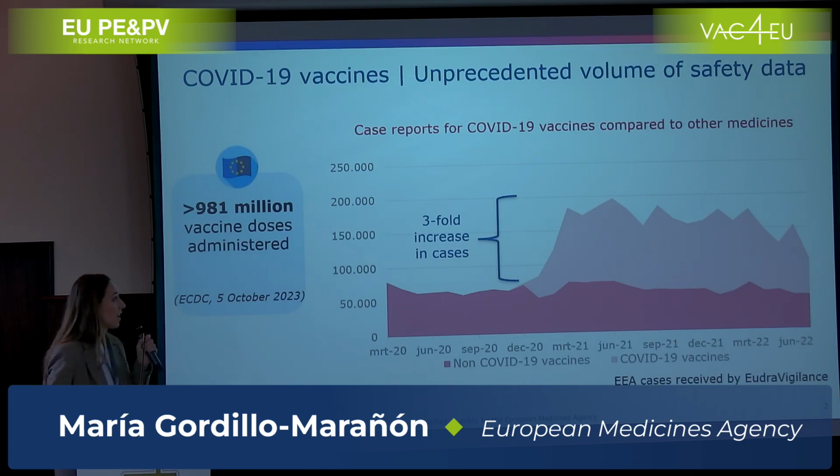We can clearly see in this graph how the number of case reports increased since the vaccines were approved in December 2020. We can see in light pink the safety reports related to COVID-19 vaccines, and how the reports related to other products continue the same trend. Due to the nature of the COVID-19 pandemic and also this high vaccine uptake, the reporting of adverse reactions had been anticipated to be very high and much higher than for the H1N1 pandemic vaccines.